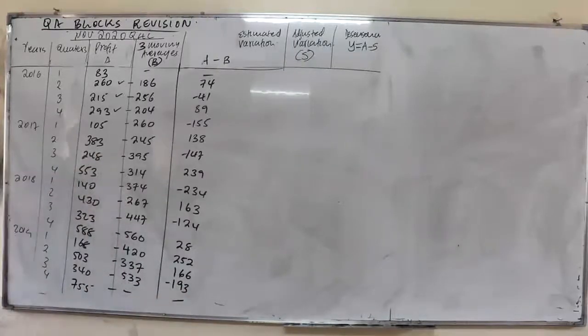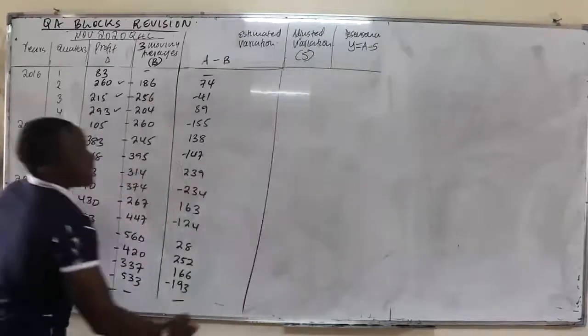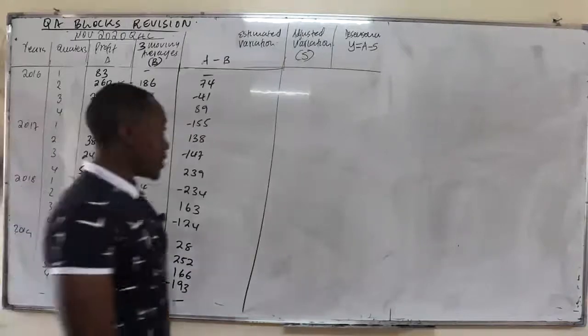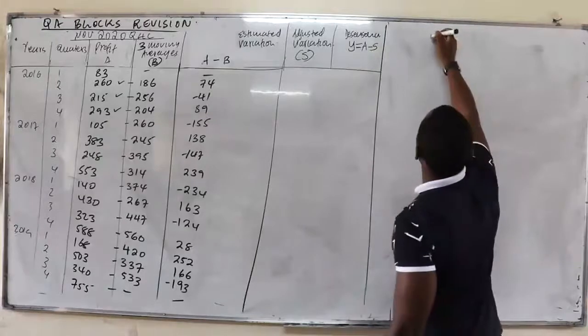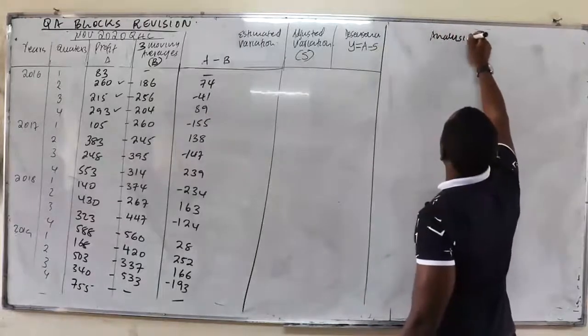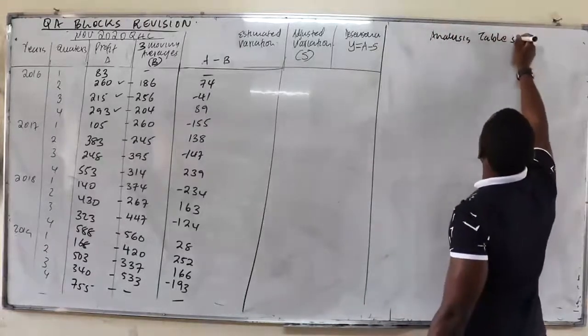The last one will be dash. So that's how we get the estimated variation. Then to get the adjusted, nothing changes. To get the adjusted, in that case, you come up with an analysis table S.